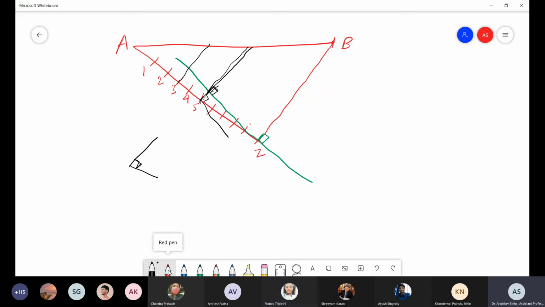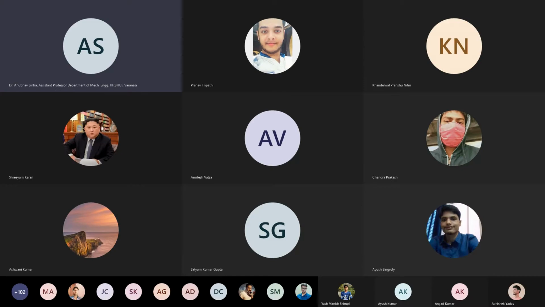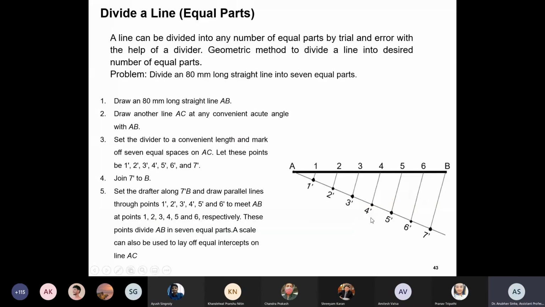It has to be, you can draw it dotted also. Basically, let me go to that slide. See, these are not dotted. Wait, let me share that. Can you see my screen?